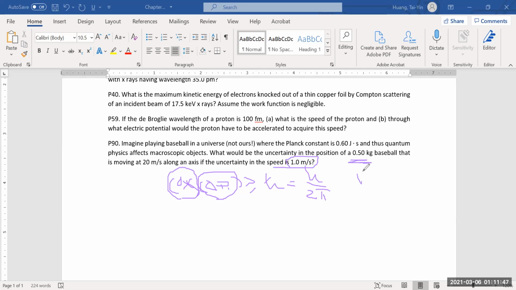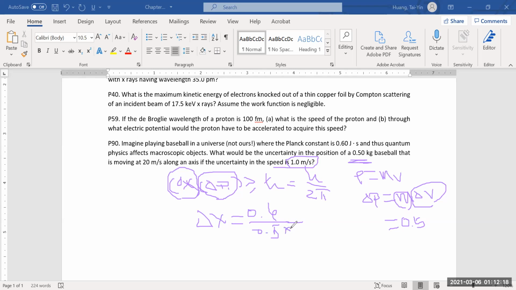And we know that p is equal to mv, so delta p is equal to m delta v. So delta p is equal to the mass, 0.5, times the uncertainty in velocity, 1, which has the numerical value of 0.5. So delta x is equal to h, which is 0.6, over delta p, which is 0.5, and then over 2 pi.